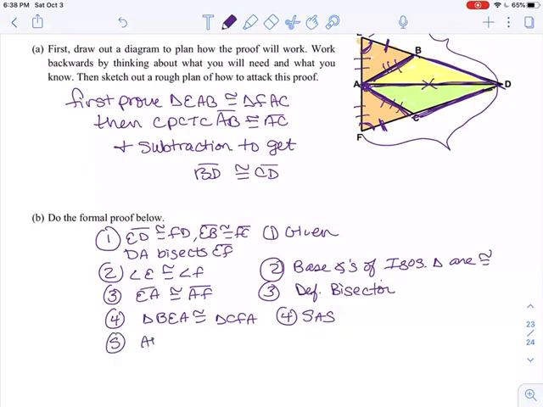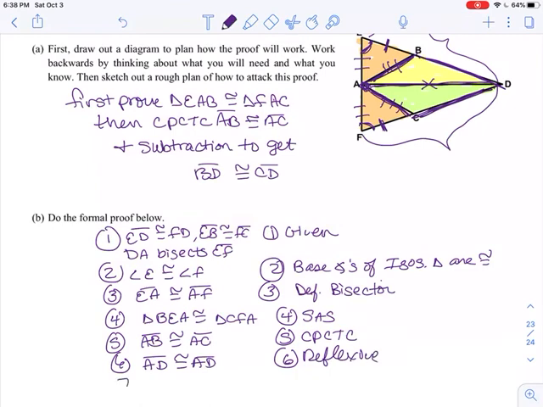Now I can say AB is congruent to AC, by CPCTC. And AB is part of the yellow triangle and AC is part of the green triangle, so that's helping me out. I can say that they share AD, so AD is congruent to AD, reflexive property. Okay, and I can say that BD is congruent to CD by subtraction.